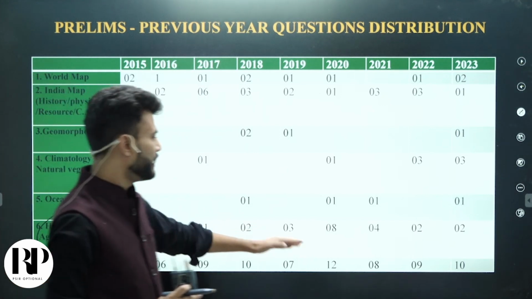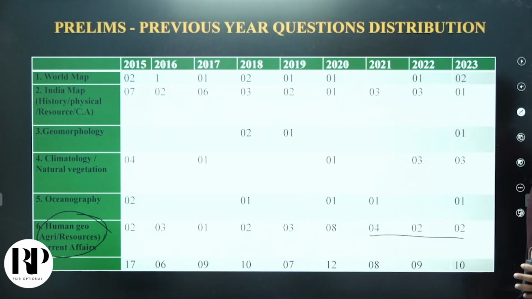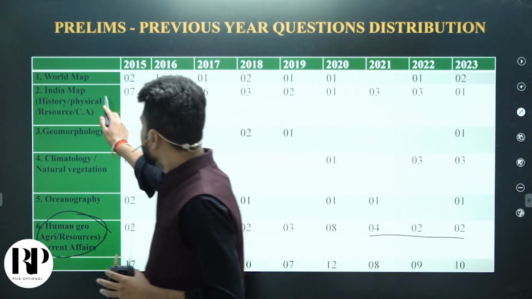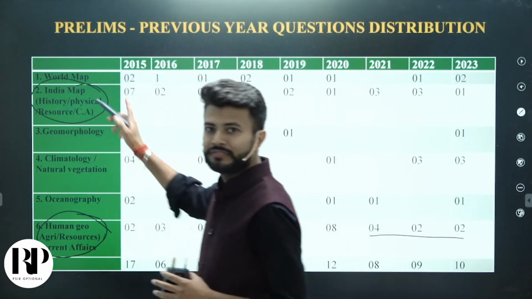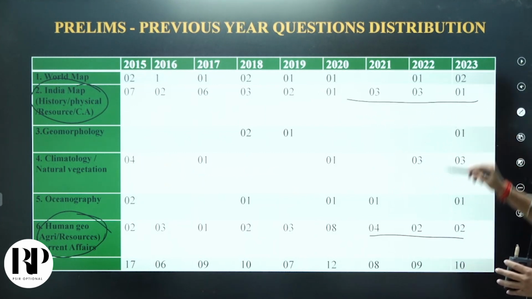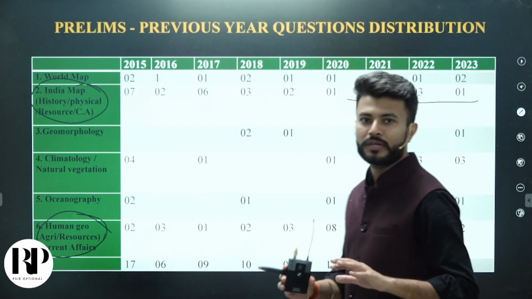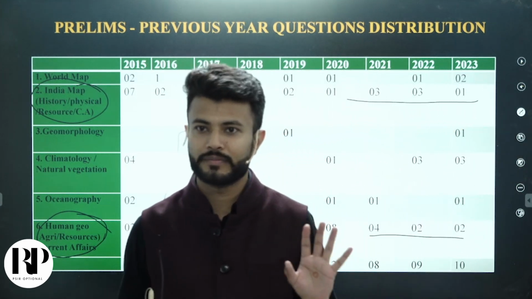Here you will find on an average 2 to 4 questions every year, right? And the second thing is Indian map as well as physical resources. Here also you will see around 1 to 3 questions every year. So that means from Indian geography you are going to get around 3 to 6 questions every year.